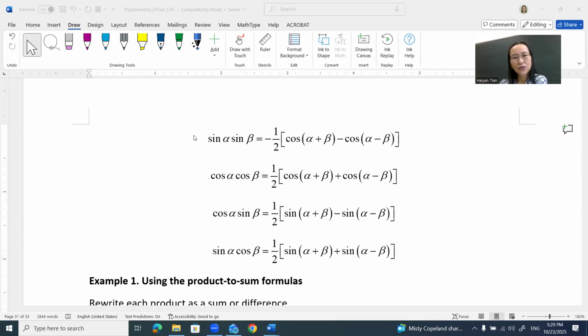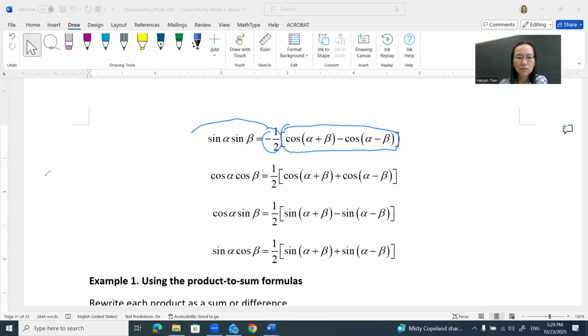First of all, for our convenience, this time we want to get the product given this sum or difference. So let's simply move the number to the other side.